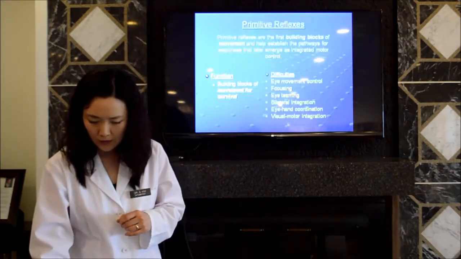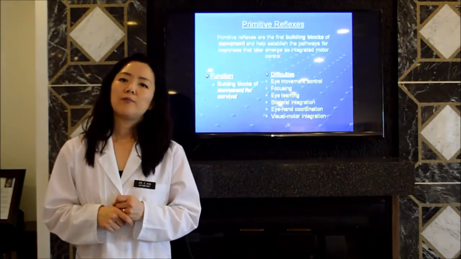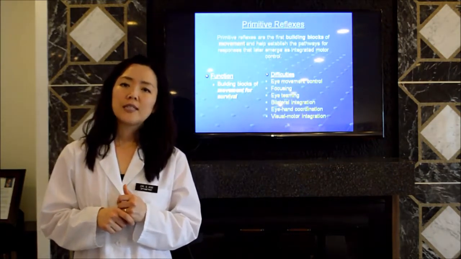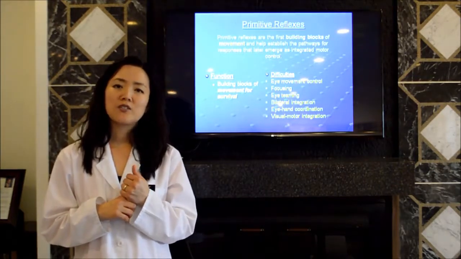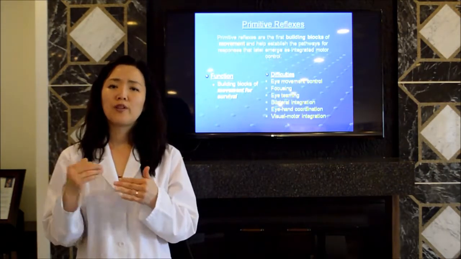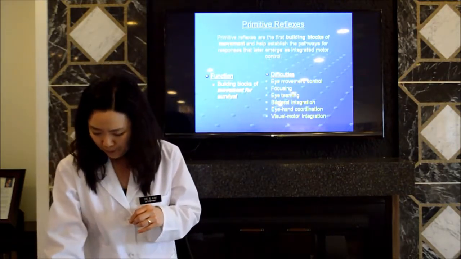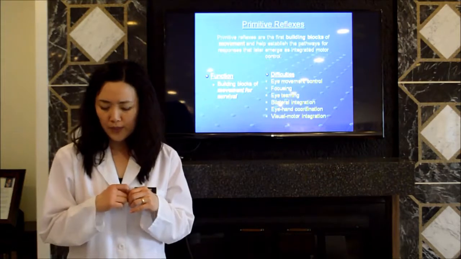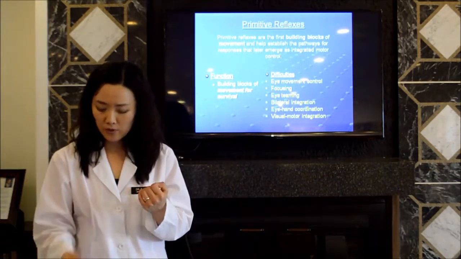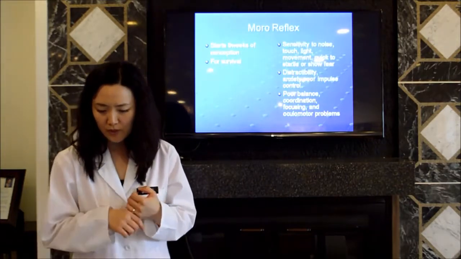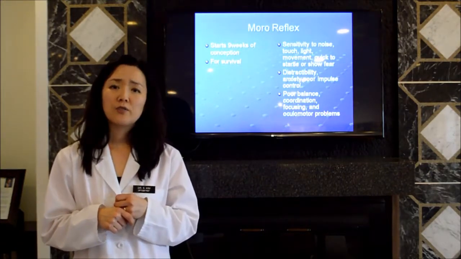I'll talk about that. Primitive reflexes are something that babies start practicing at 9 weeks of conception so that they can survive better right after birth when they don't know how to protect themselves. And this is so important. There are a few primitive reflexes that are very important for visual development. The first one we're going to talk about is the Moro reflex. It's the one that's necessary for survival.